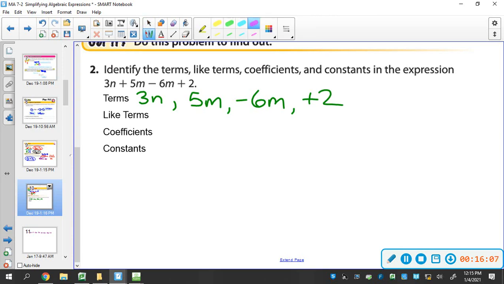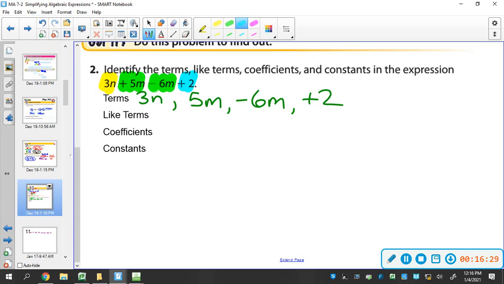I go to find my like terms. 3n is a like term by itself. I don't see any other ones that have an n with it. I do see that this +5m and -6m are like terms, and then I have one constant left at the end.